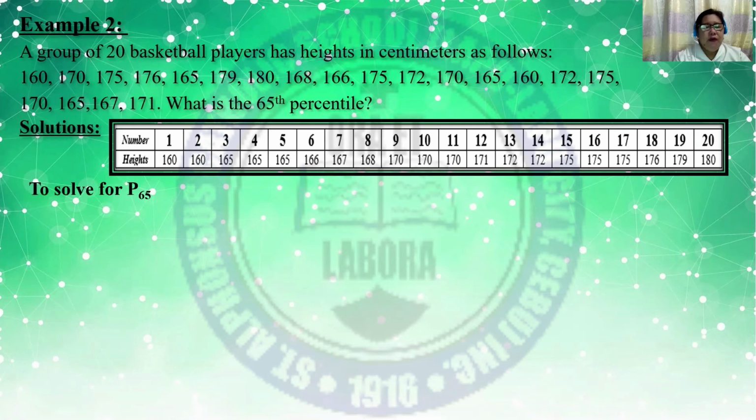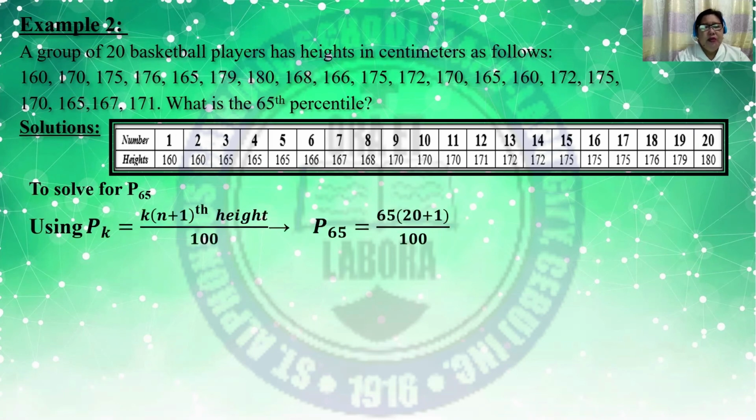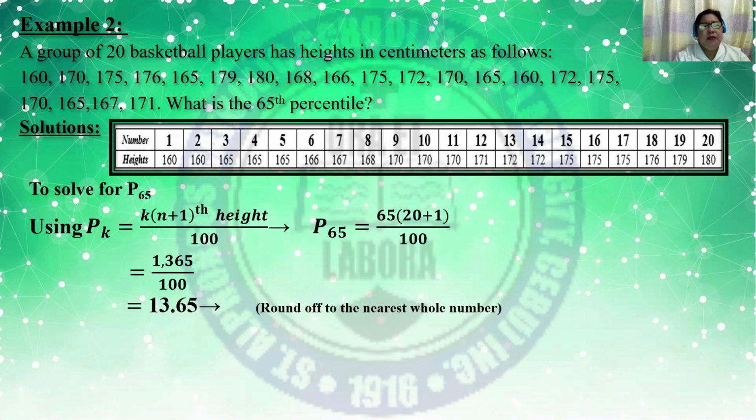So to solve for P65 or the 65th percentile, using the formula, substitute 65 for k. N is 20 for 20 basketball players, plus 1, all over 100. So simplify and you will have 1,365 over 100.